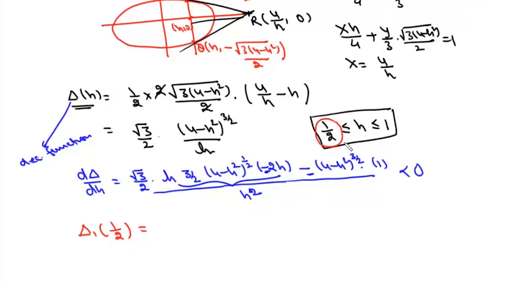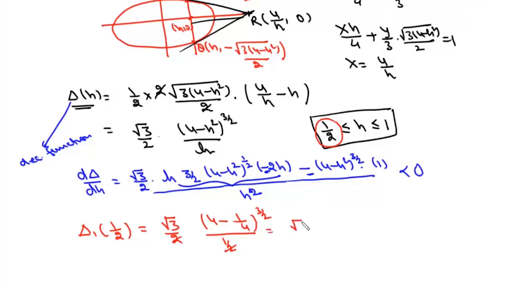Now if we put the value of h as 1 by 2, we write this as root 3 by 2, and then it will be 4 minus 1 by 4 whole to the power 3 by 2 upon 1 by 2. This 2 and 2 will cancel.